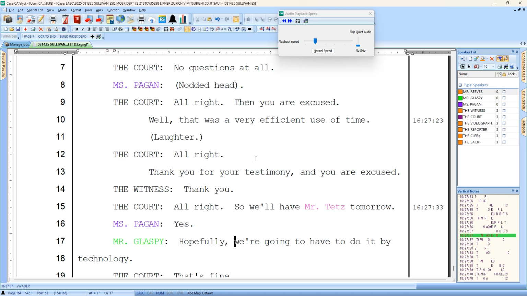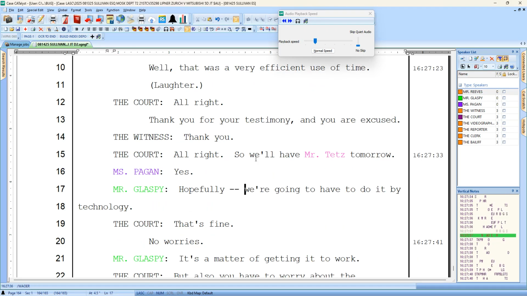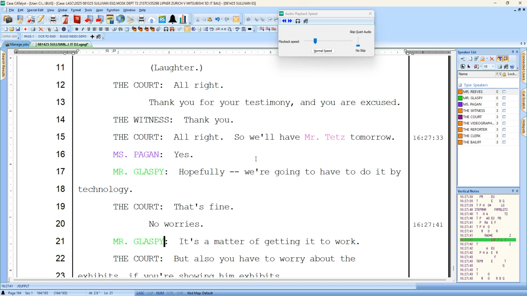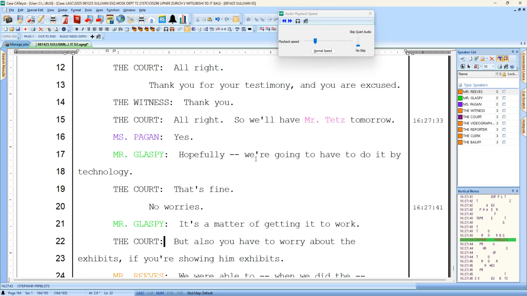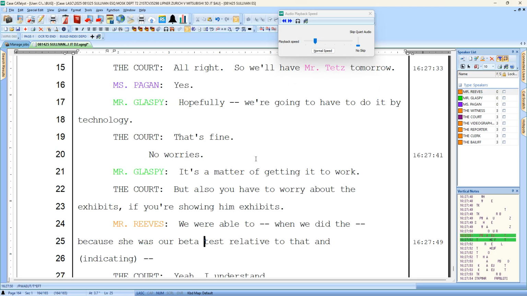Yes. Hopefully we're gonna have to do it by technology, that's fine. No worries about getting it to just work. But also you have to worry about the exhibits, if you're showing him exhibits. We were able to, when we did the, because she was a beta test relative to that, and I understand. She indicated she was able to see them. So that's gonna be significant.